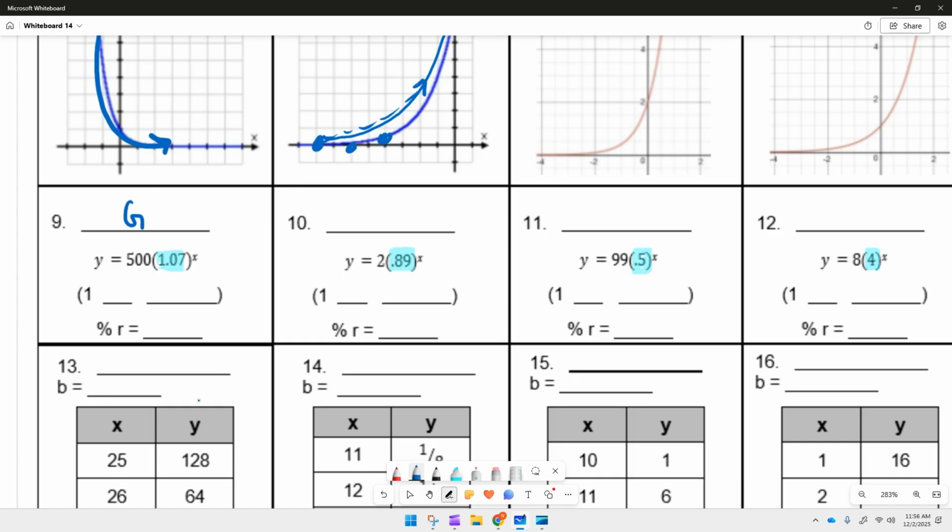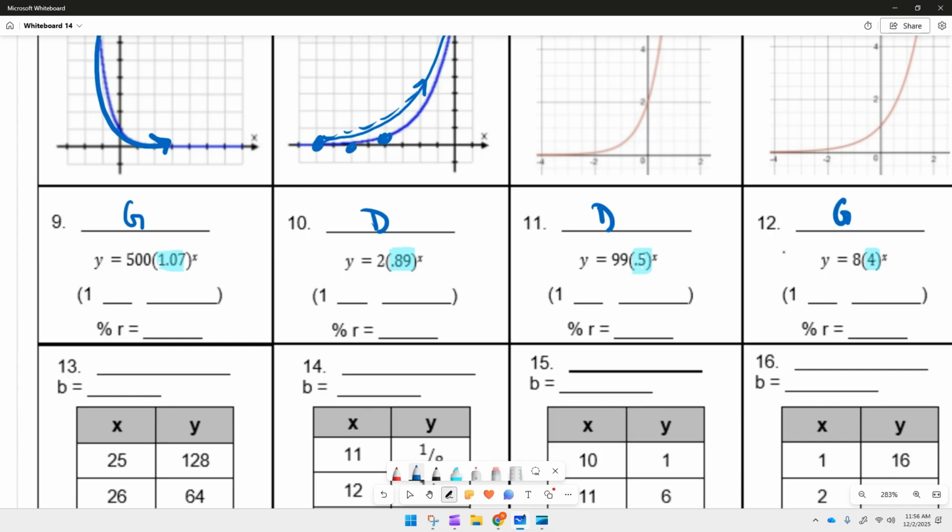Growth. All right. Number 10, 0.89. Is that decay or is that growth? Good. 0.5, that's less than 1. So is that growth or decay? That is decay. Perfect. 4 is greater than 1. So that means what? Growth. See how easy that is?